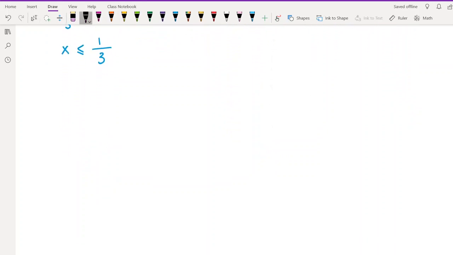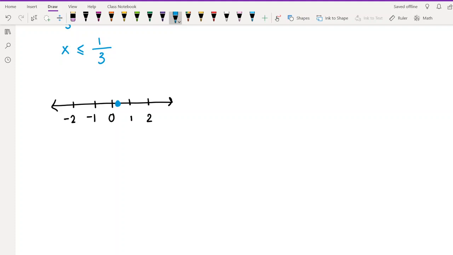And so now we just need to translate that into an interval. So put a few numbers on here: 0, 1, 2, -1, -2. So 1/3 is going to be somewhere between 0 and 1, so like here. And I'm shading it in because in this case, x can be equal to 1/3, right?